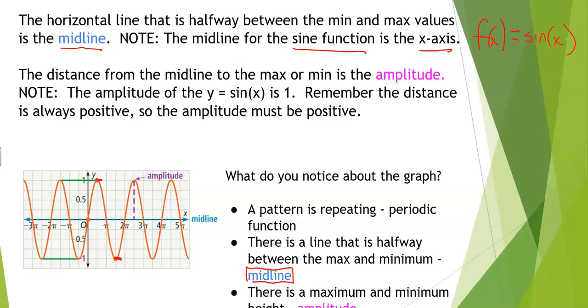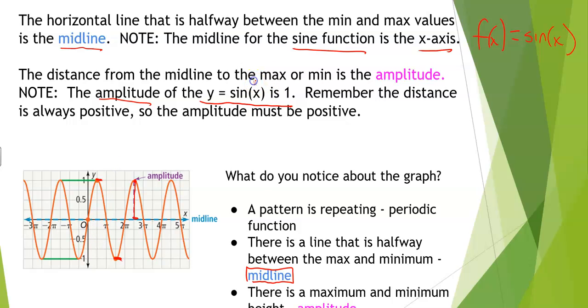Now look at this right here. From this maximum point to that midline is called my amplitude. Notice it only goes to 1. The sine of x equals 1 when x is, we talked about this a little while ago, pi over 2.